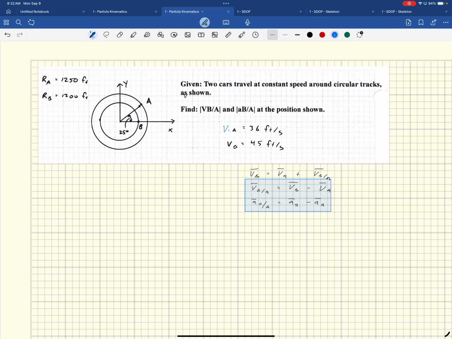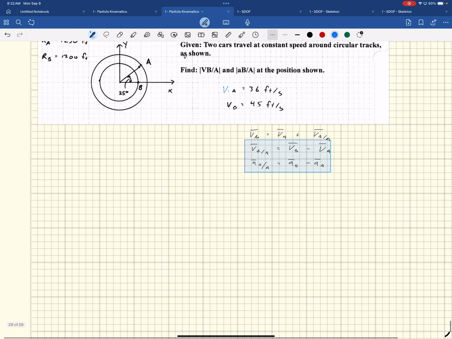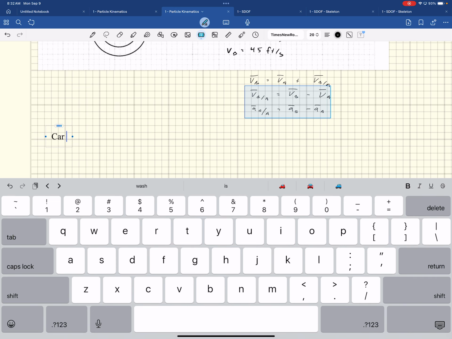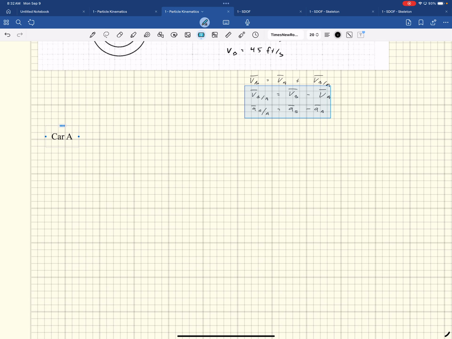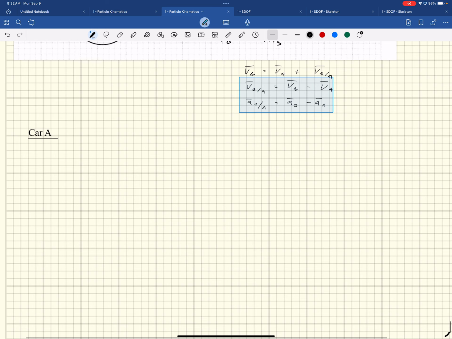So I need to get the velocity of B and the acceleration of B and the velocity of A and the acceleration of A. Okay, so let's do car A first. What is it doing? Again, polar coordinates are going to work out best for us at the beginning.